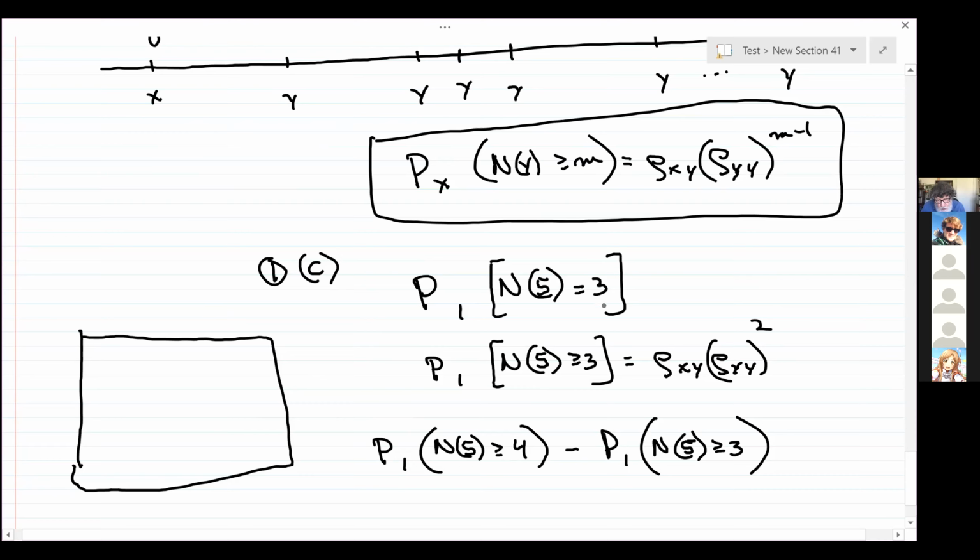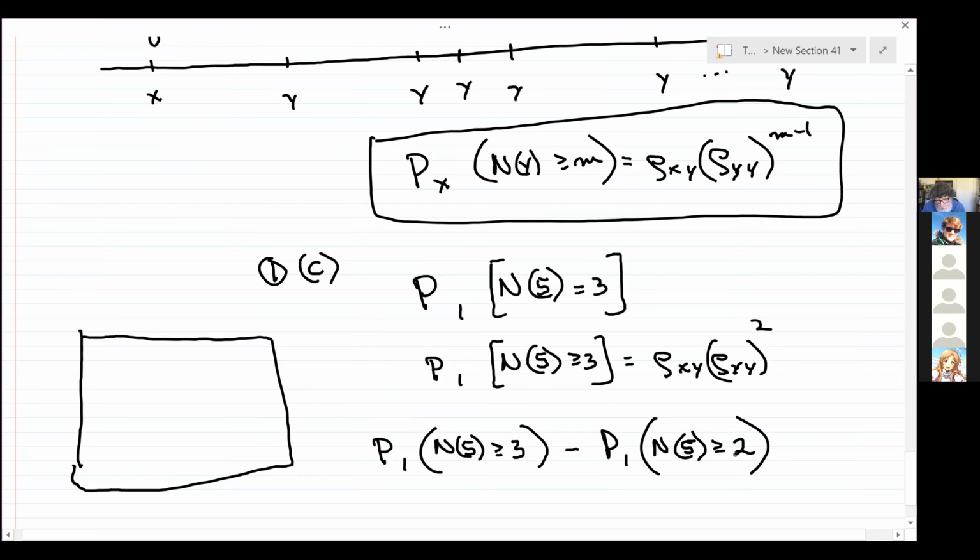So since I don't want that, I want this one. 3 in here and 2 in here. Why do I want this? Well, this would be all the ways you could visit 5 3 or more times. And this would be all the ways you could visit 5 2 or more times. So visiting 5, say 4 times occurs in here and it occurs in here.